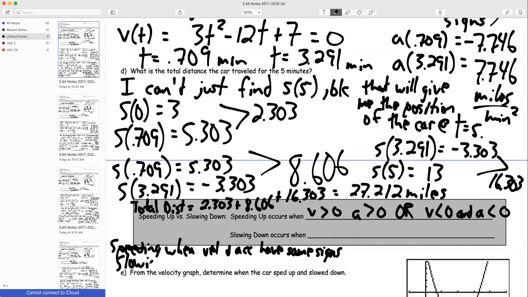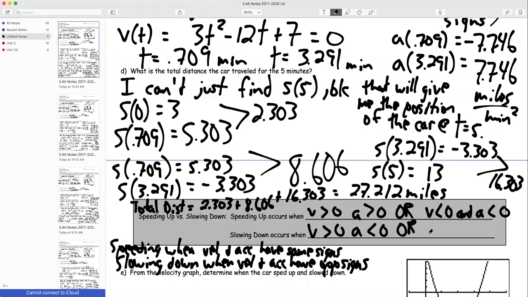So slowing down when velocity and acceleration have opposite signs. So velocity greater than 0, acceleration less than 0, or vice versa.